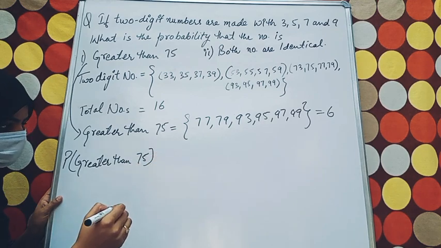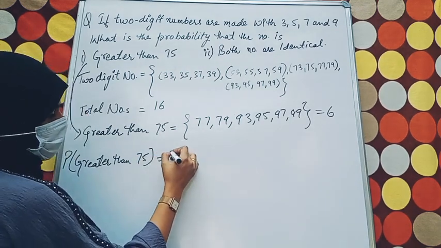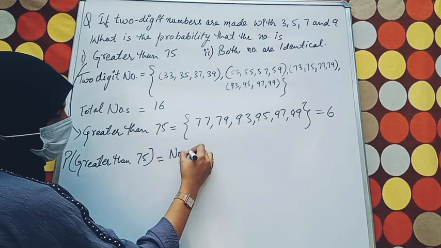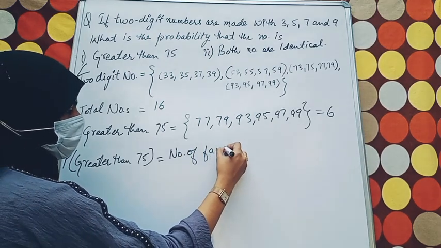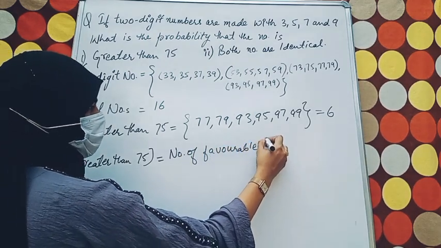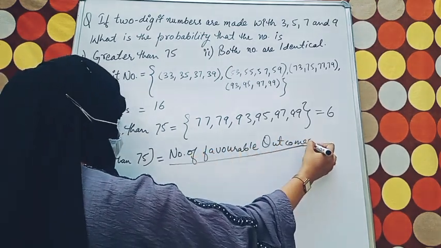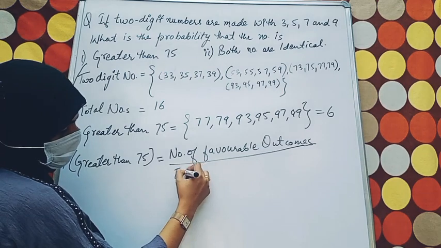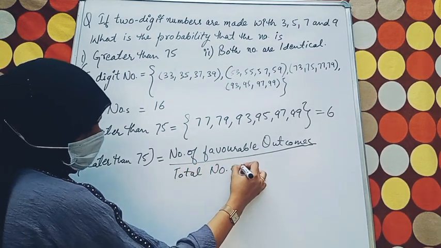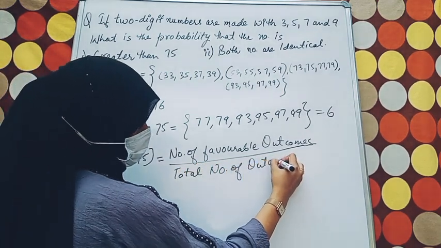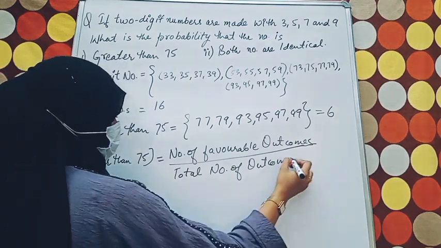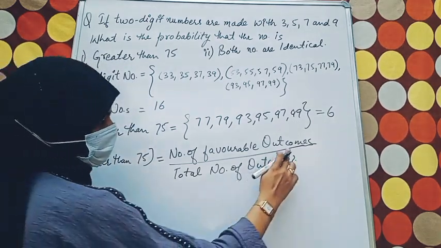Probability for greater than 75 equals number of favorable outcomes upon total number of outcomes.